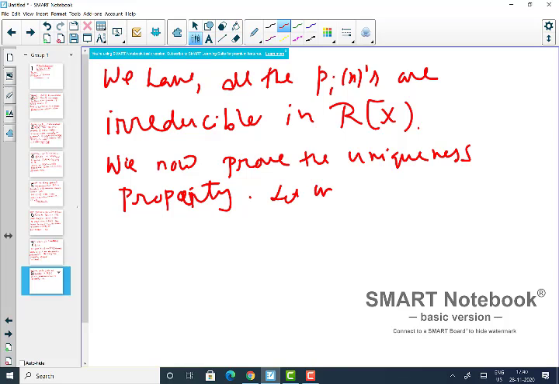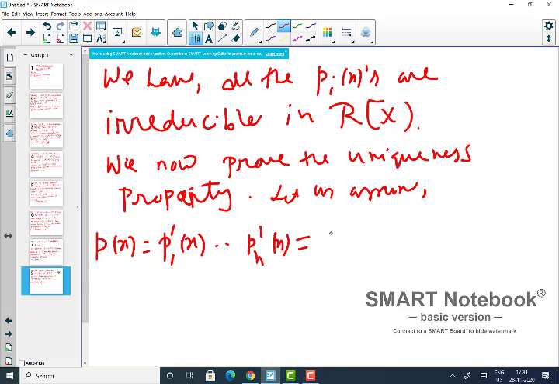So let us assume that you can write P(x) in terms of some q1'(x), q2'(x), ..., qs'(x) in F[x], right?